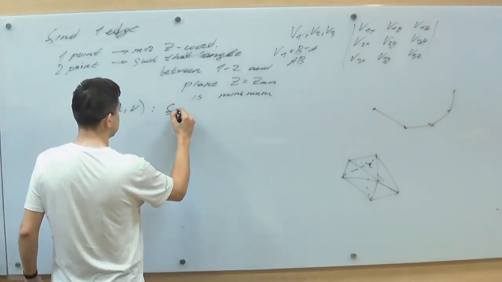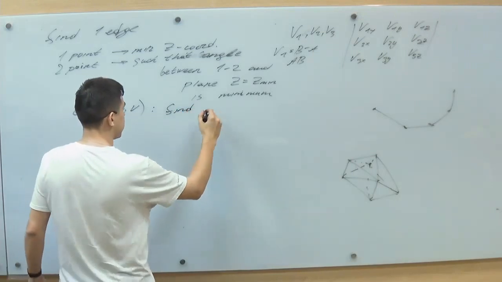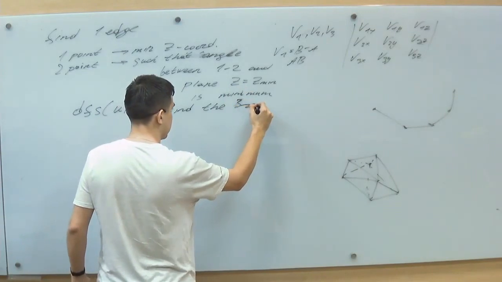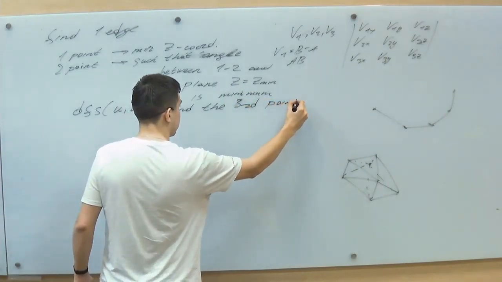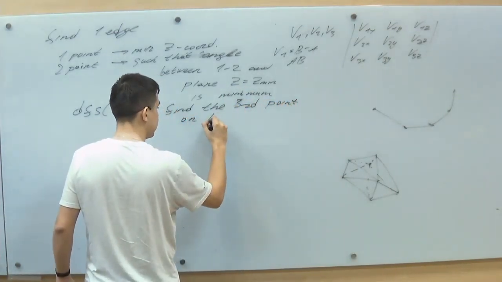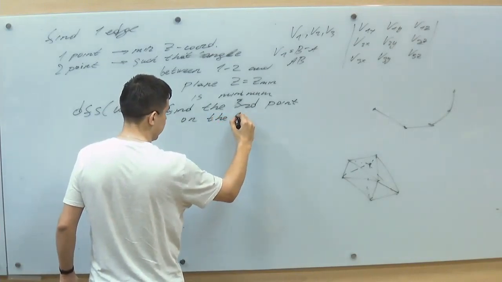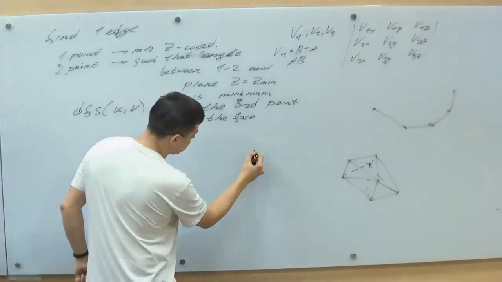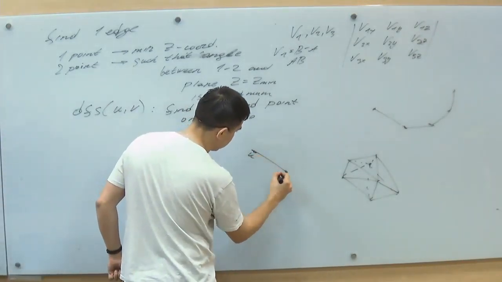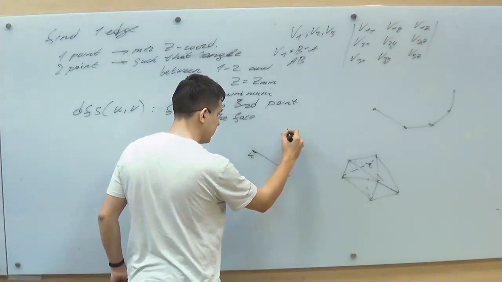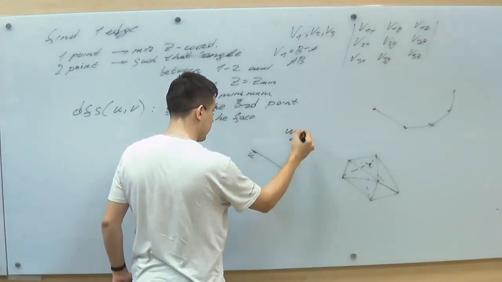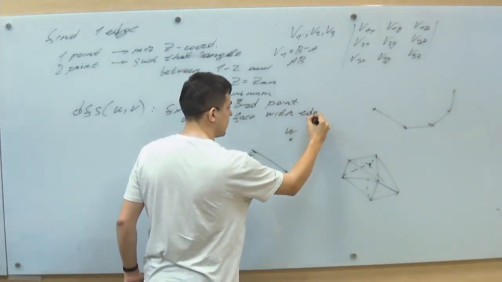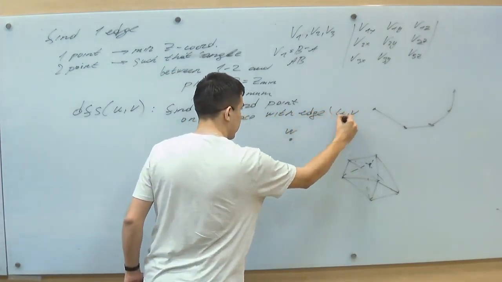So this will find the third point on the face with edge U, V. So we have U, V, and some other point, W.